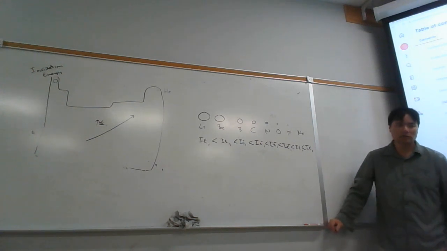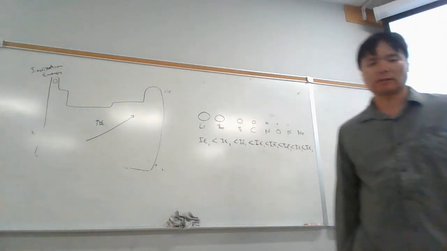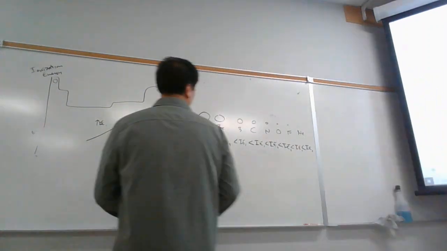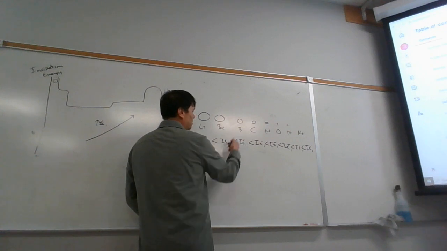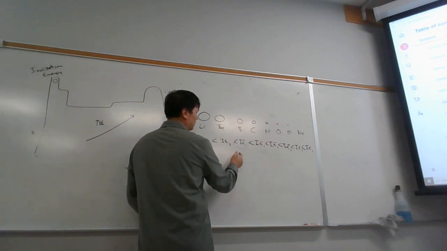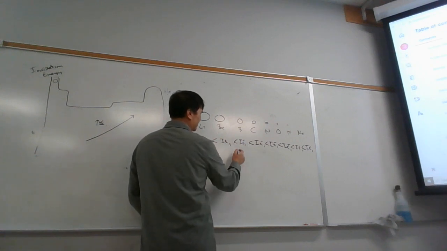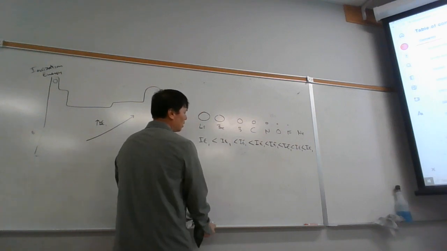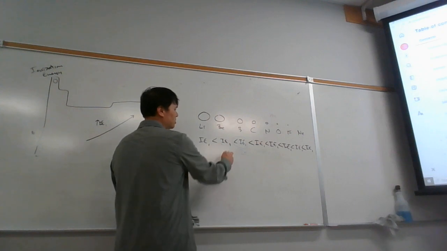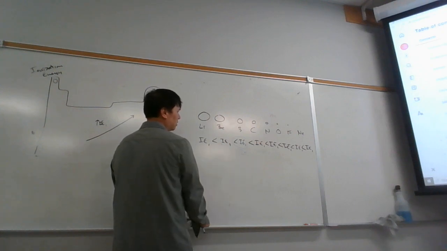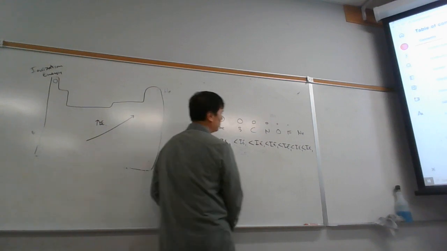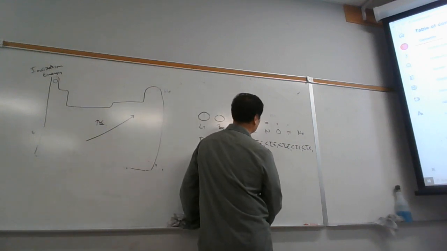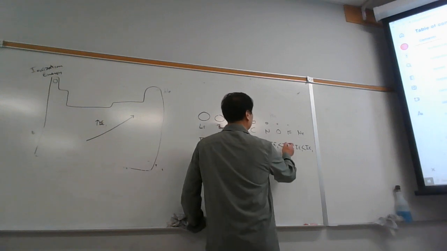However, there are two blips in this, and that is here. Boron should have a higher ionization energy than beryllium, but it doesn't. It actually ends up that the ionization energy for boron is less than the ionization energy of beryllium. The other blip comes here with oxygen.